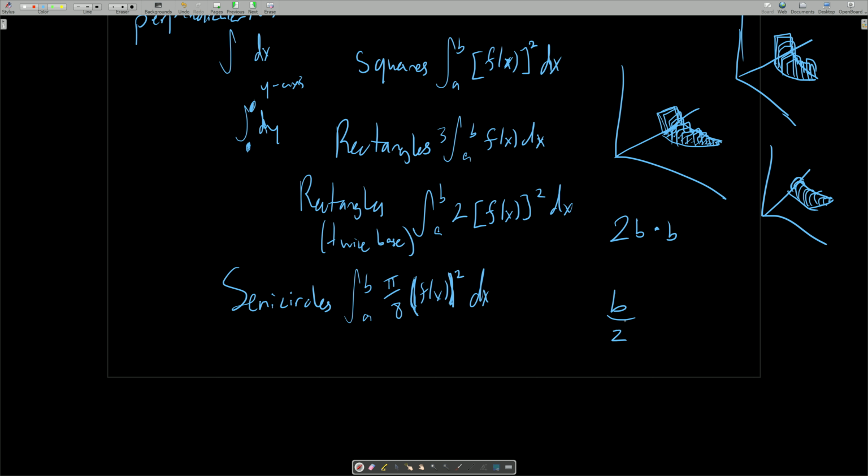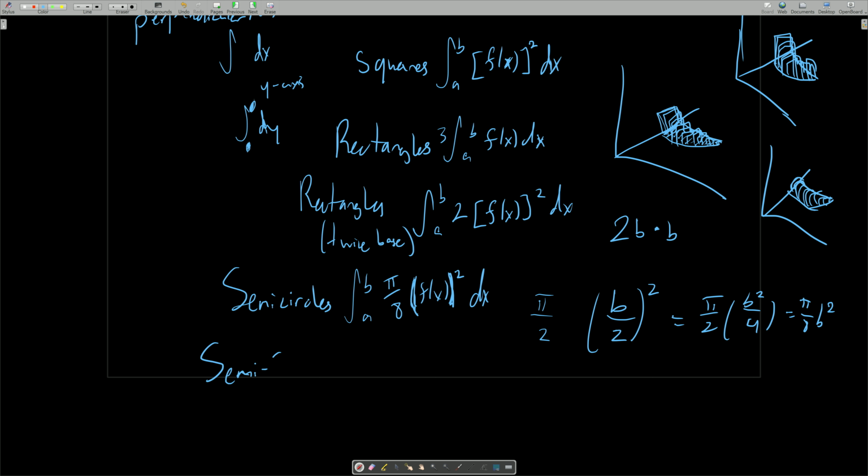Your radius is b over 2, because this is the diameter of your semicircle. So your radius is going to be b over 2. The area of that semicircle is going to be pi over 2 r squared, and your r is b over 2. It's pi over 2 because it's a semicircle. So doing that, you get pi over 2 times b squared over 4, and that's pi over 8 b squared. And that's how we get this pi over 8 here.